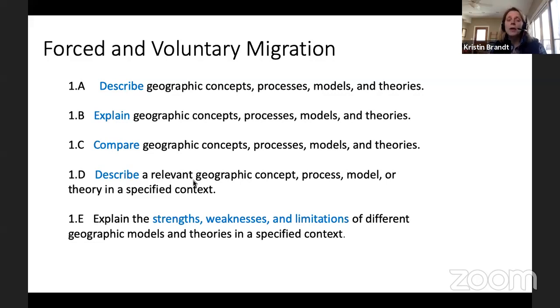So when we talk about migration here, there are certain patterns that we want to take a look at. You need to be able to describe. So if I say forced, in your head you should start thinking about refugees, internally displaced persons, slavery.